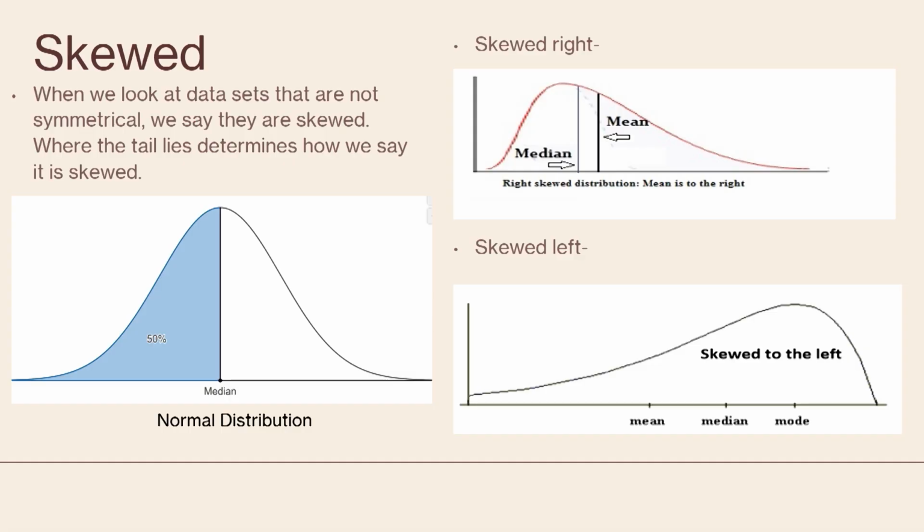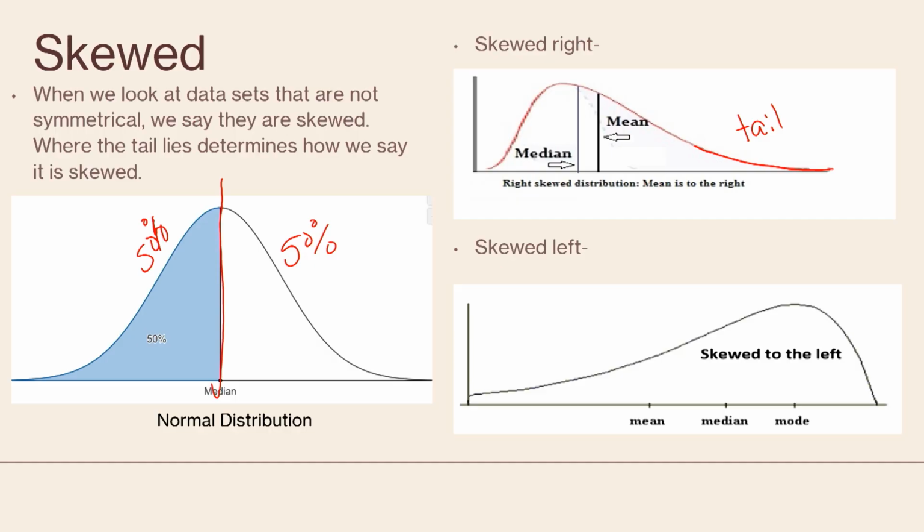So in a normal distribution, here's our median. 50% of our data is on one side and 50% of our data is on the other. Now, if I have a skewed data set, and here's my tail, which is smaller amounts of data, wherever the tail is is the way it is skewed.